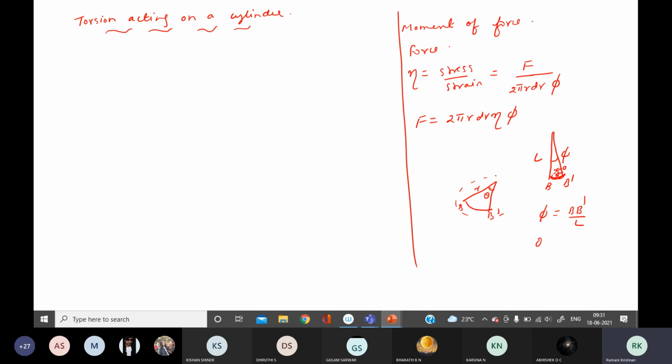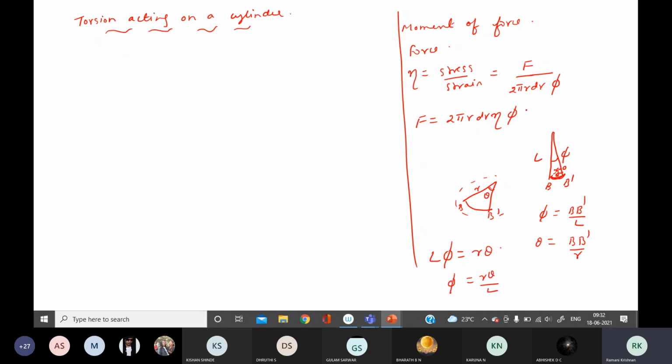So θ is equal to BB dash by R. Both are the same, so whatever happens at the upper end is the same at the lower end. So Lφ equals Rθ, and φ is equal to Rθ by L.